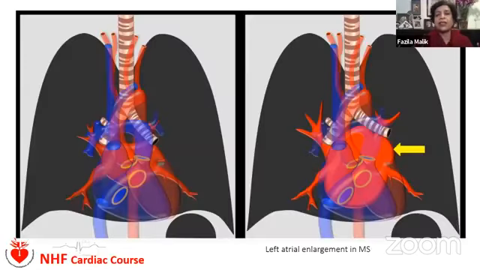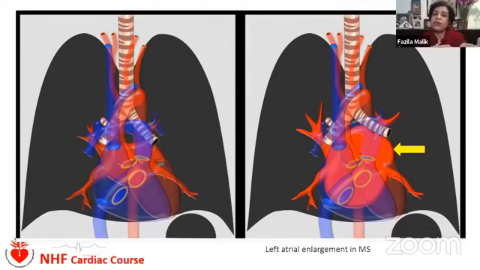In mitral stenosis, we all understand that there is a problem with the mitral valve. It is stenosed, and therefore blood is not flowing adequately from the left atrium to the left ventricle. So there is a buildup of blood in the left atrium, and this eventually leads to an increase in pressure and volume in the left atrium, so the left atrium increases in size.